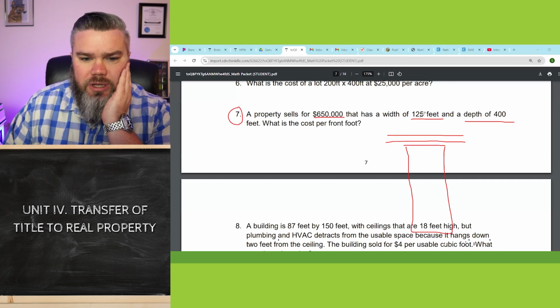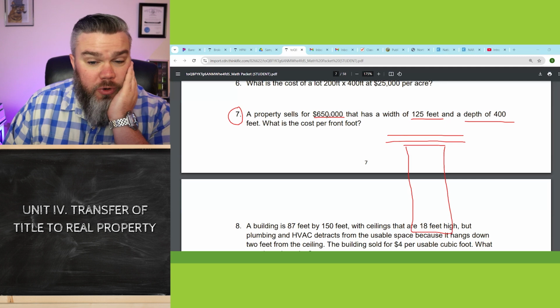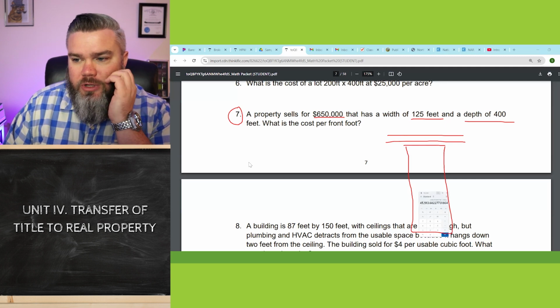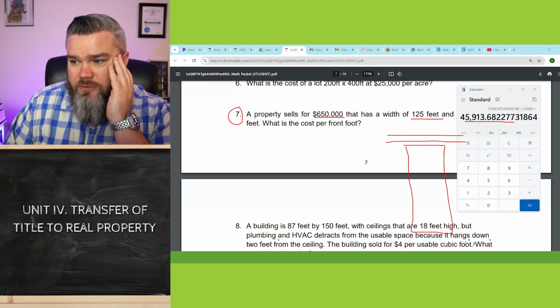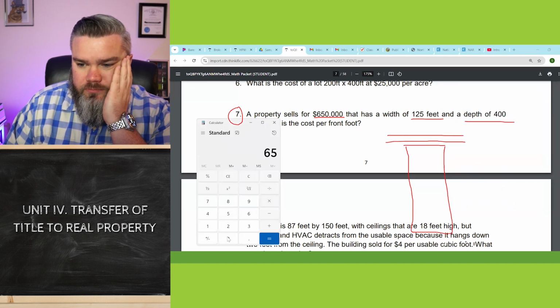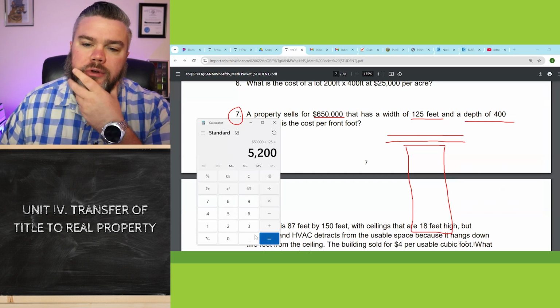So all we're asking is, what did it sell for? What was the cost per front foot? If we just wanted to know if it was purely based on frontage, what was the cost per front foot? And that's where I said, just take your $650,000 and divide it by the amount of front feet. That's it. $5,200 a front foot.